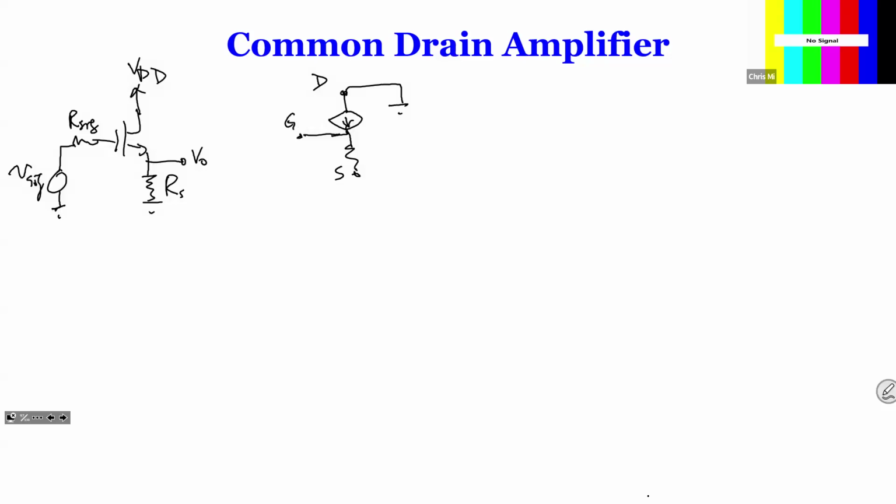And for gate, we have, and then for source, we have, so now we have the circuit. So what we're taking output is VO at over there.